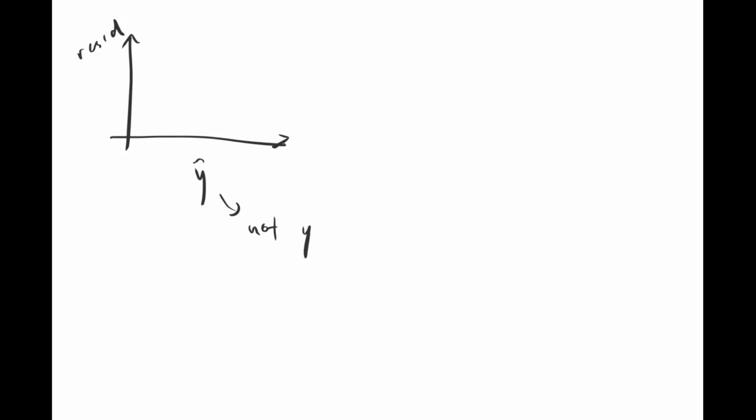The reason for this is that there will almost always be a non-random pattern when you're looking at a plot of the residuals against the y, and we can quickly see why this is, right?